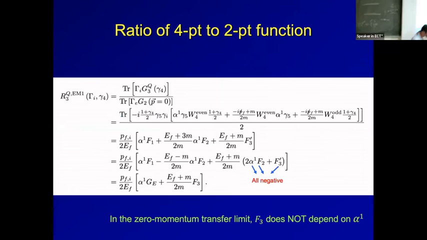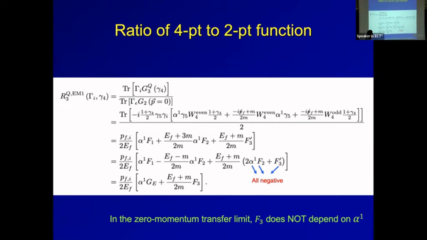Now, here's the ratio of the 4-point to 2-point function that we take. There are various ways of constructing this. They have different expressions but all give the same result in principle. Here we take one particular combination. It turns out to be alpha times F1 and alpha times F2, and this is the new F3, which I've shown you as F3 prime, the old one, and 2 alpha 1 F2.